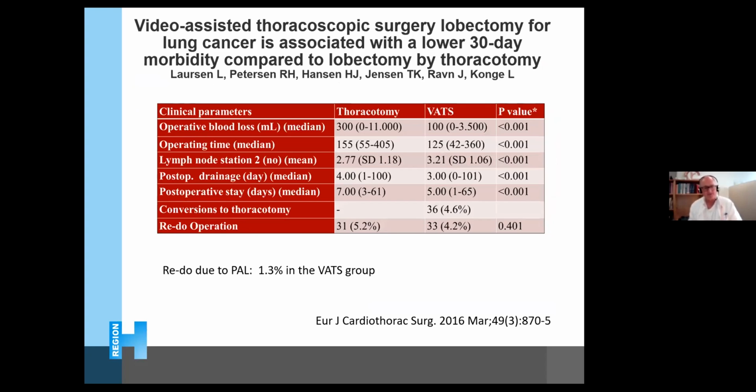Years back, we published this comparison of VATS versus open from Copenhagen. Until 2009, we had 2 units in Copenhagen, one doing VATS, the other doing open procedures only. So you can compare the two groups, seeing that VATS was superior in blood loss, OR time, number of lymph nodes resected, and shorter postoperative drainage and hospital stay.